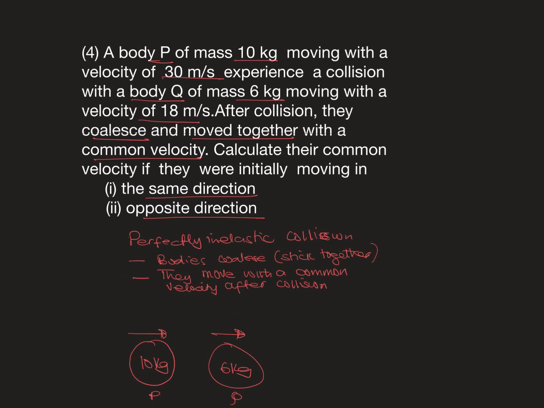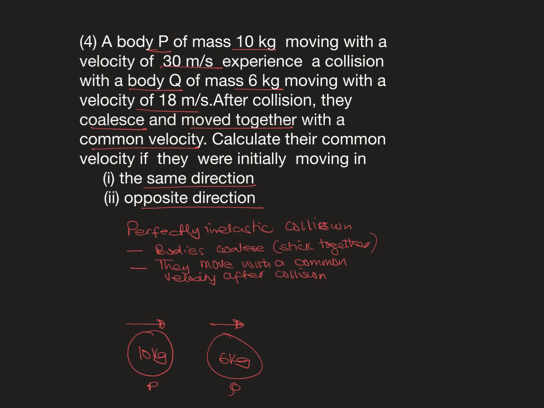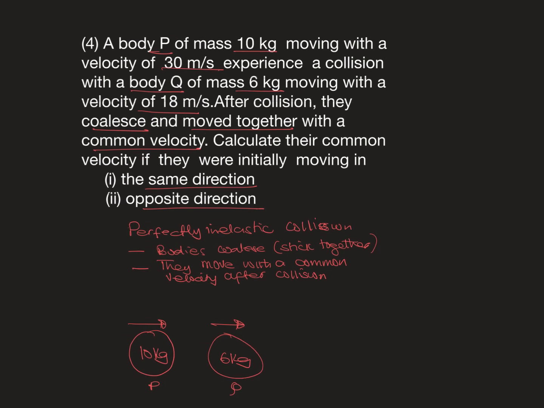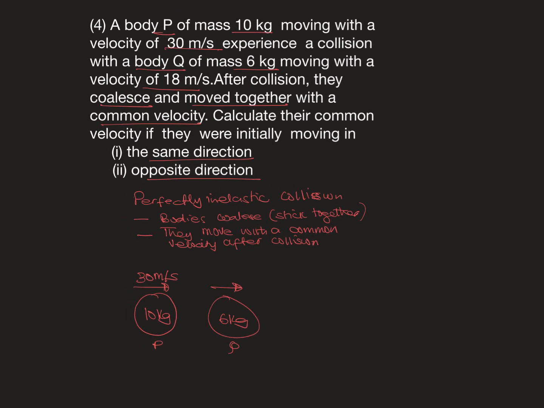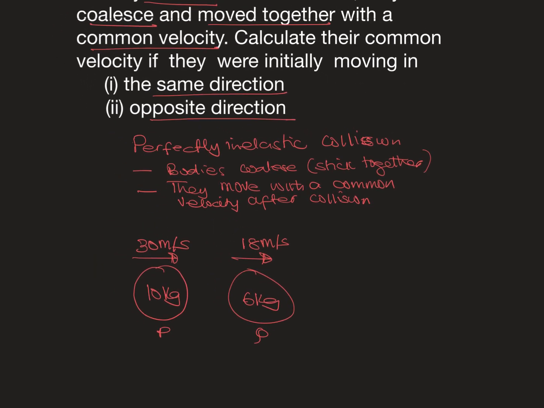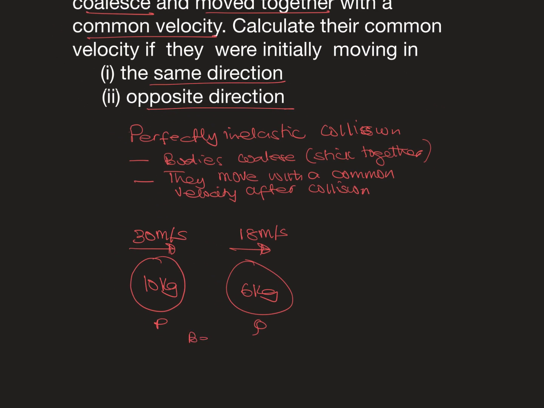The initial velocity for the 10 kilogram mass, which is body P, is 30 meters per second. The initial velocity for the 6 kilogram mass is 18 meters per second. So this was the situation before collision.